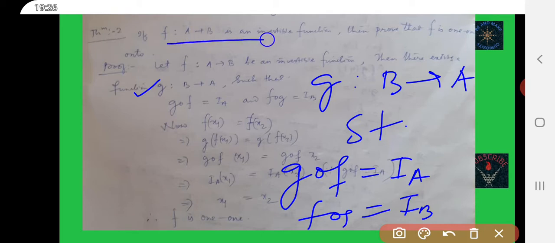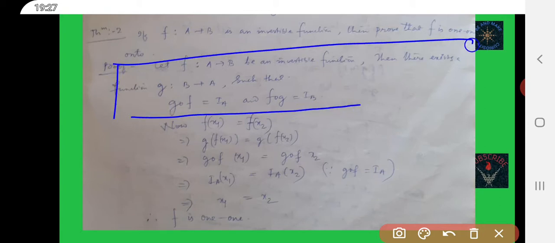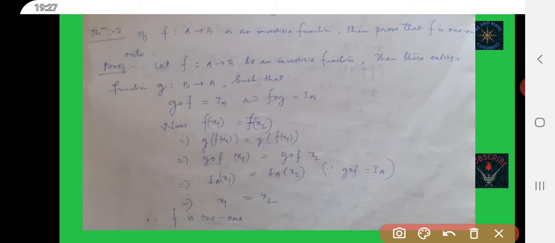As this function f is invertible, we must have an inverse of that function f, let it be g, mapping from B to A, such that g o f is equal to I_A and f o g is equal to I_B. This is given.